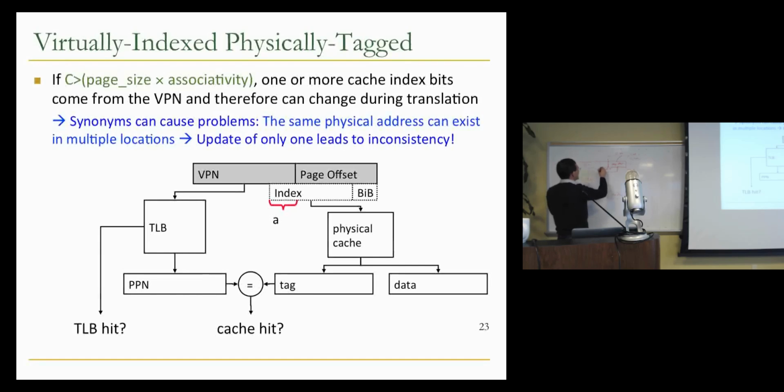But let's make this a little bit simpler. Let's say that we have only one bit, that A is 1. You have only one bit of index that you're using from the virtual page number and indexing into the cache. In this case, this bit can be 0 or 1, right?